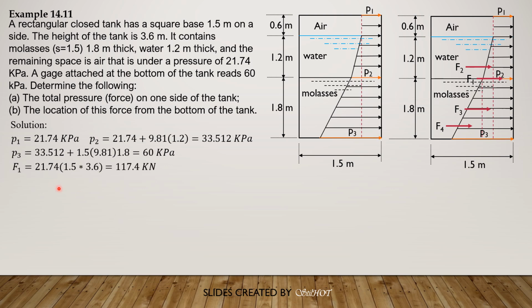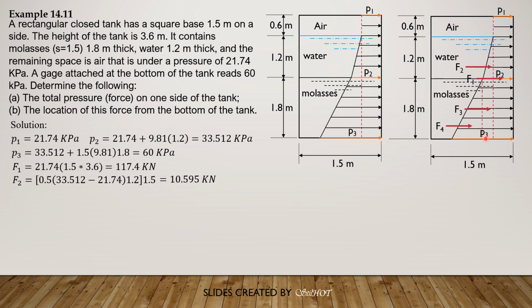So it is equal to 117.4 kilonewtons. F2 is one half of P2 minus P1 times 1.2 times 1.5. So 0.5 times P2 minus P1 times 1.2 times 1.5 perpendicular to the board. So F2 is 10.595 kilonewtons.